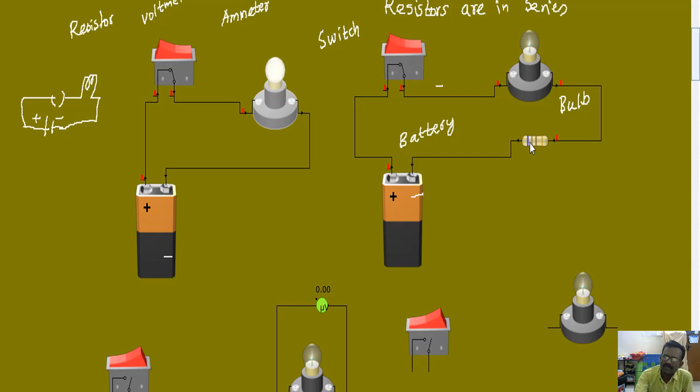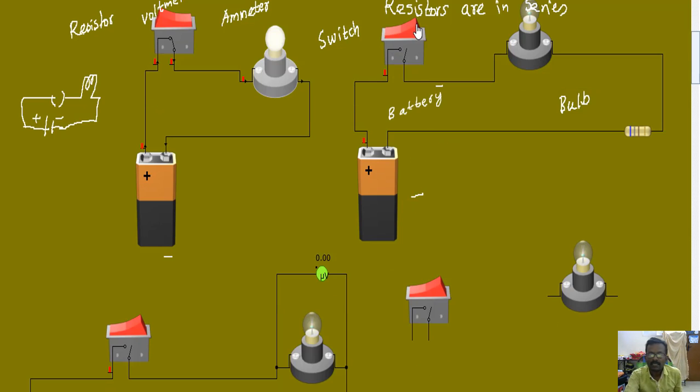What should we do? We should reduce the value of the resistor, or otherwise connect more batteries, or increase the value of the battery. Now let me increase the value. The resistor resists all the current, so it's not glowing. Now I will bypass this connection. Let me connect this terminal with this terminal.